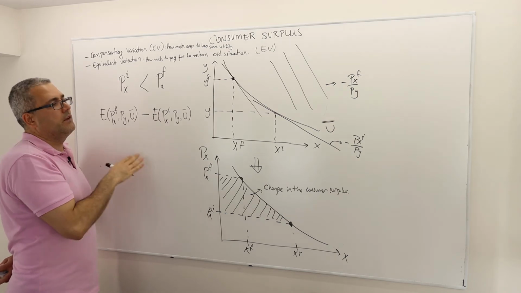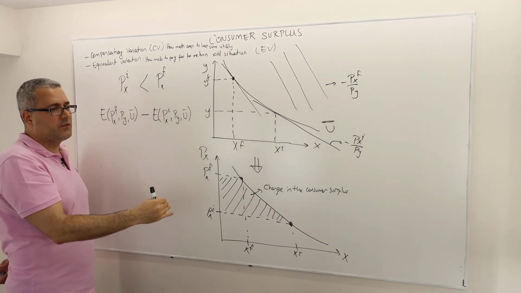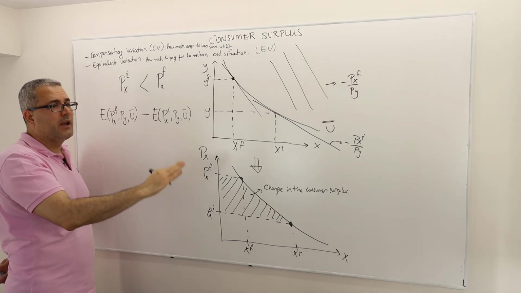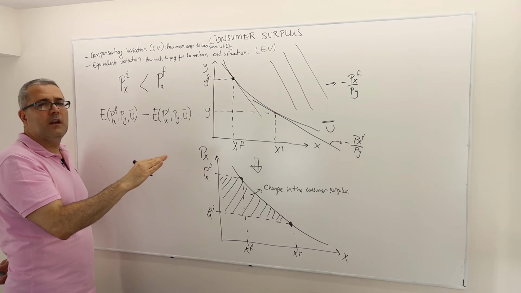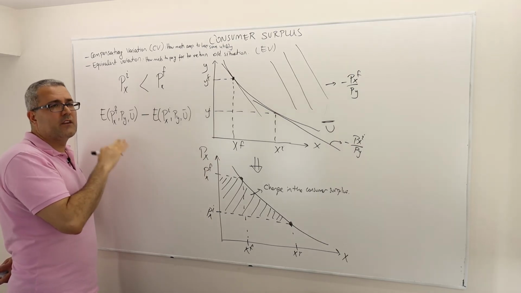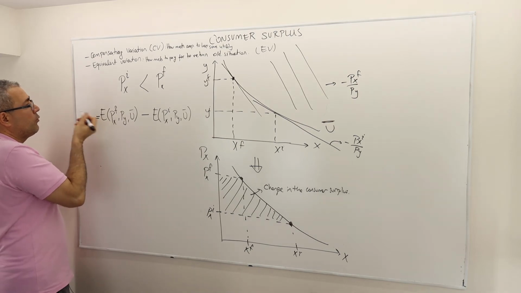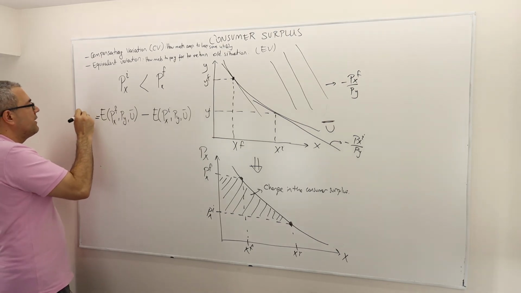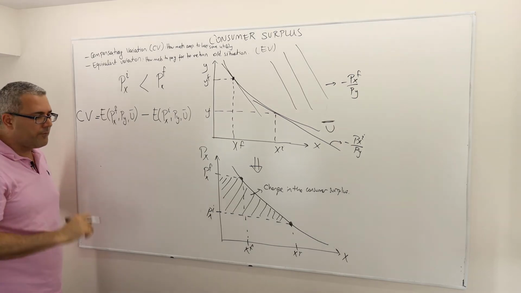This difference is how much additional money I should pay to this customer to keep him or her at the same level of utility, same level of happiness, although the price of good X has increased. Okay, so we call this compensating variation. As simple as this. Okay?